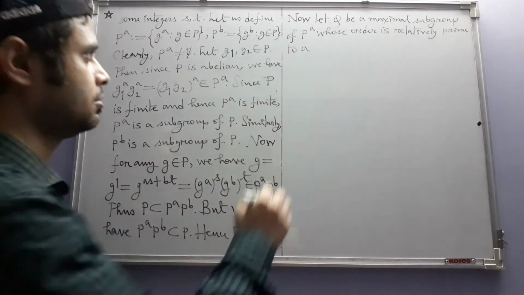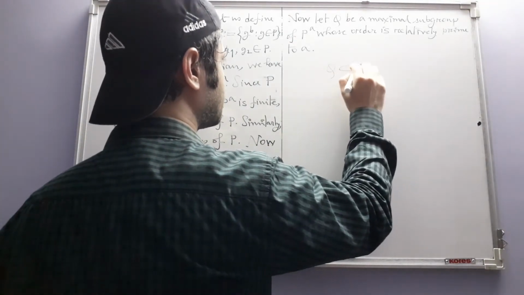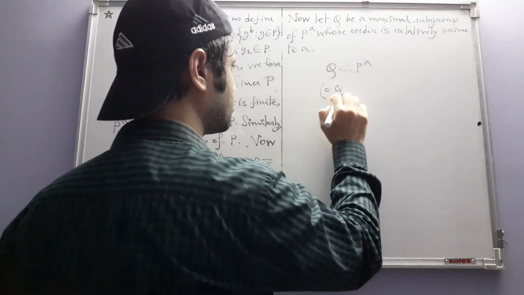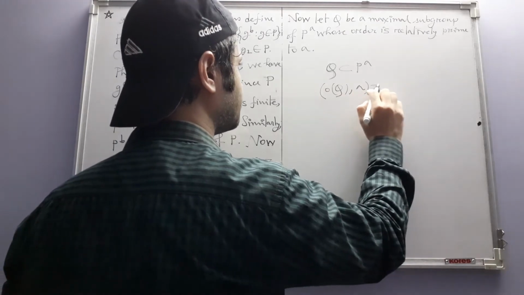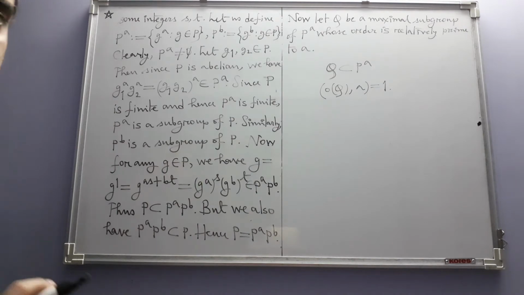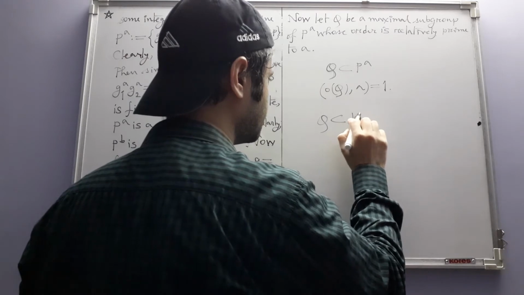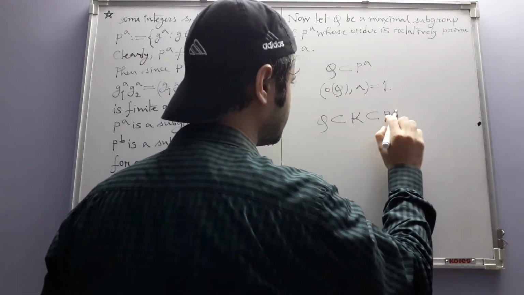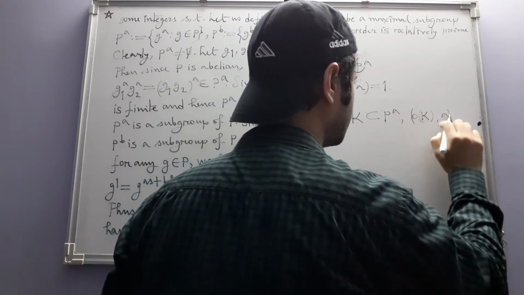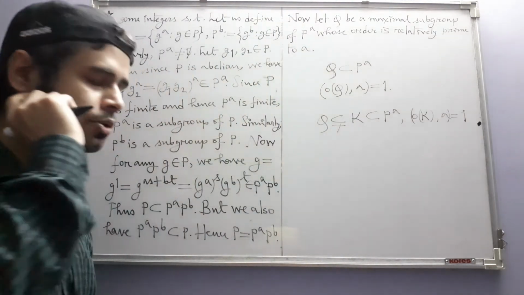What does it mean? It means that Q is a subgroup of PA whose order is relatively prime to A, and it is maximal in the sense that we will not get, say, another subgroup of PA whose order is also relatively prime to A and which contains Q properly.